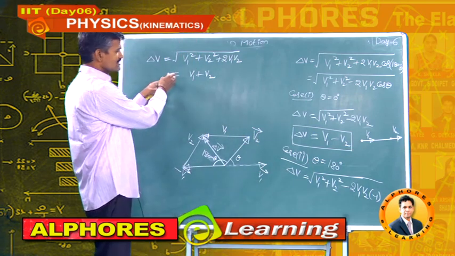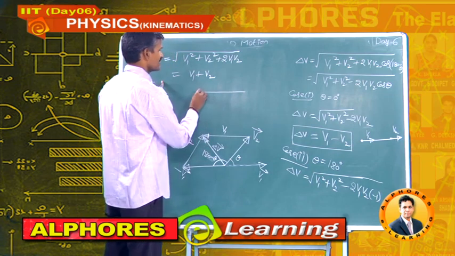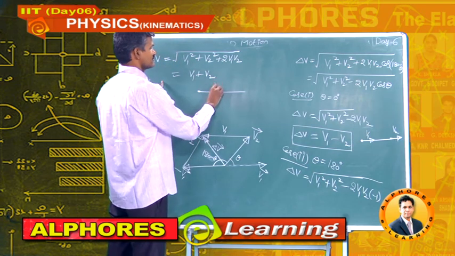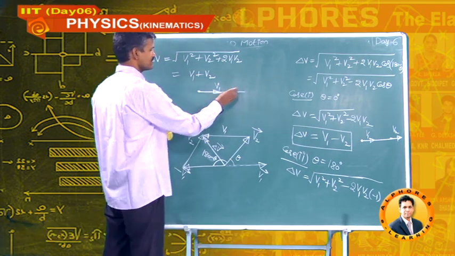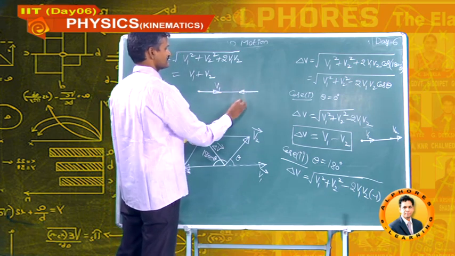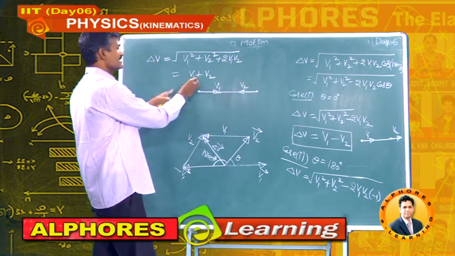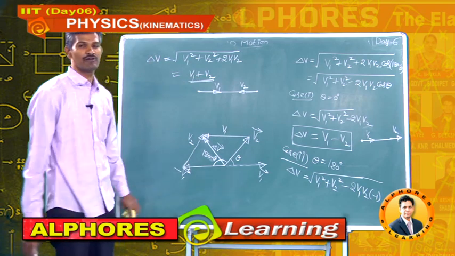Similarly, for the second case, if the body starts moving in this direction with velocity V1, after traveling some distance, suppose its velocity changes into this direction. Suppose this is V2. Then what is the change in velocity? Change in velocity is V1 plus V2.